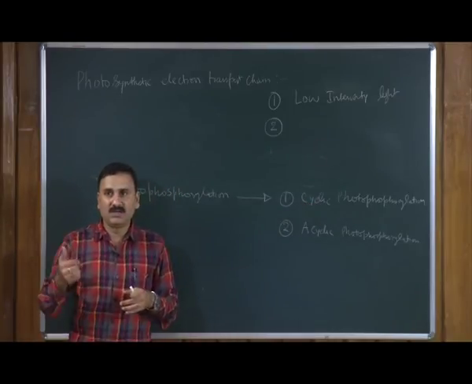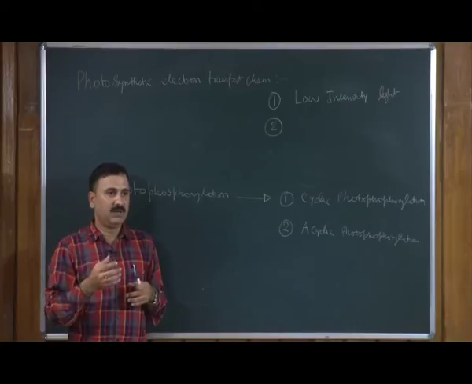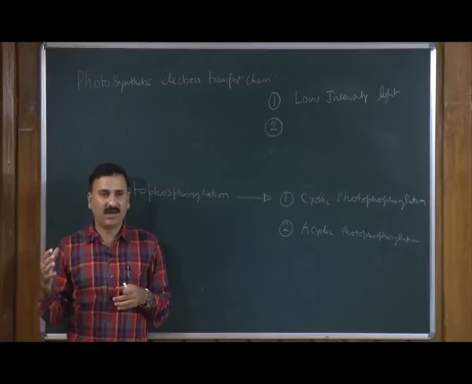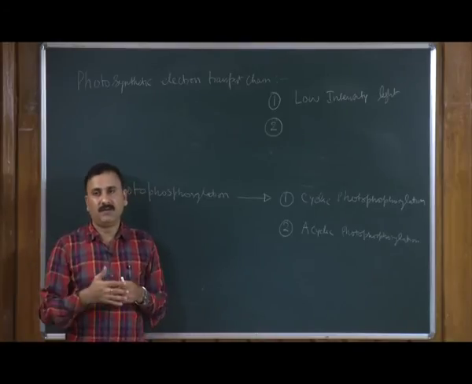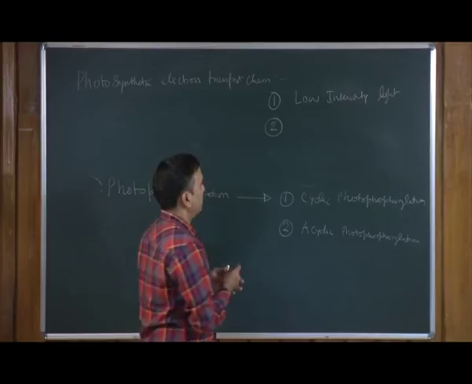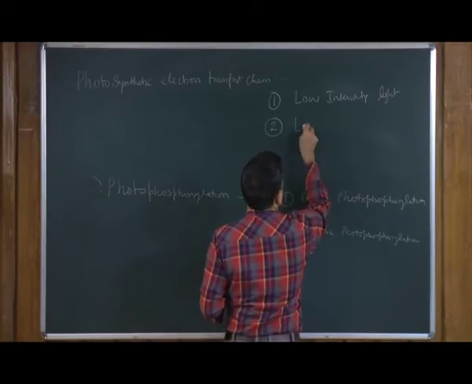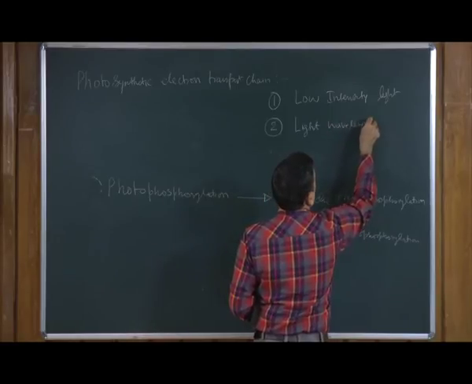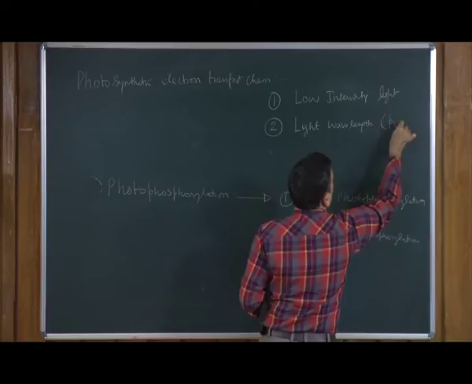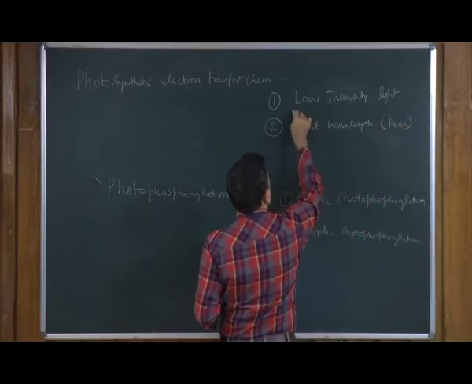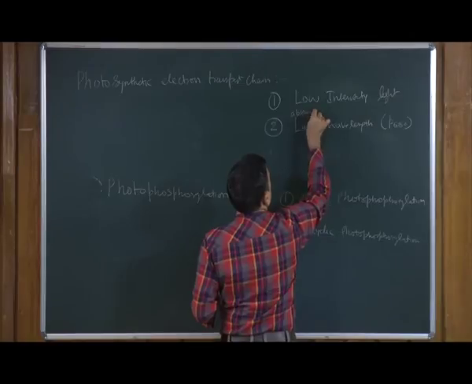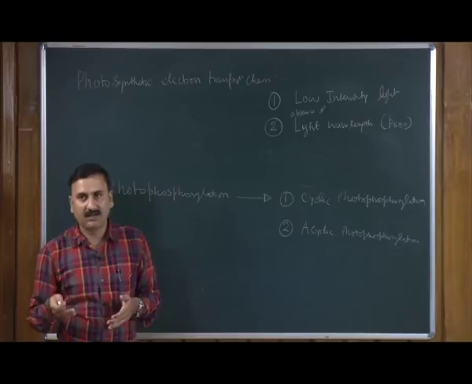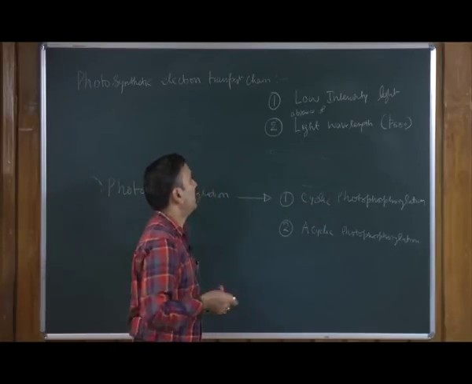So, if light of wavelength lower than P680 is not available, then the system goes for the cyclic photophosphorylation.